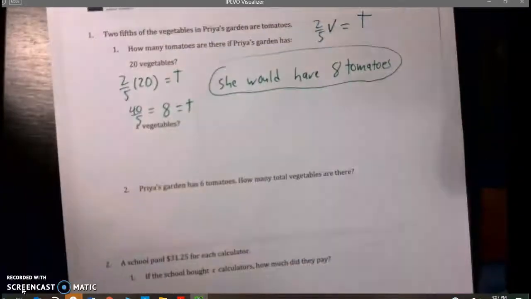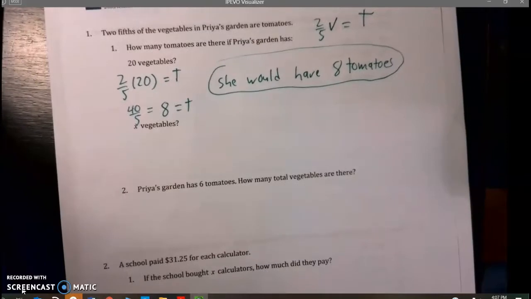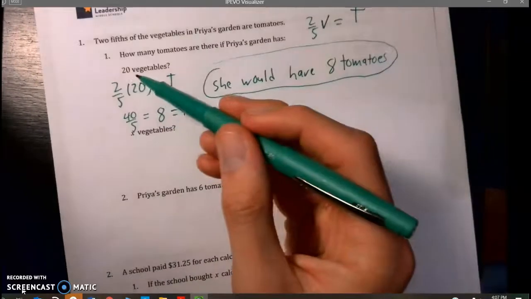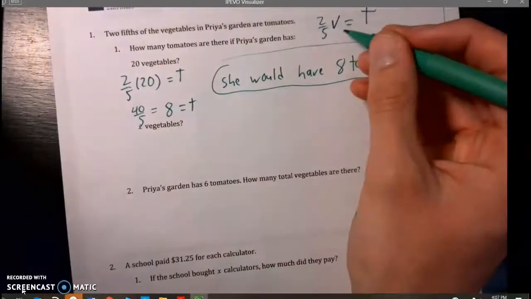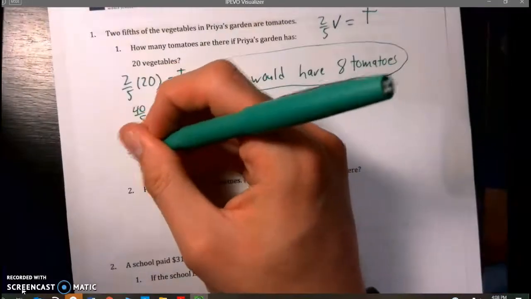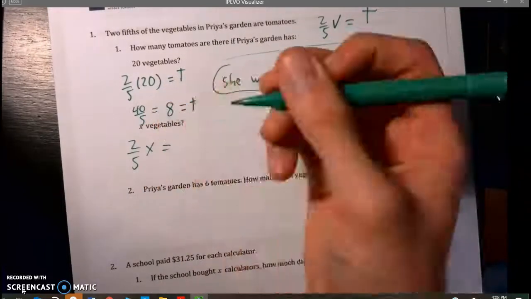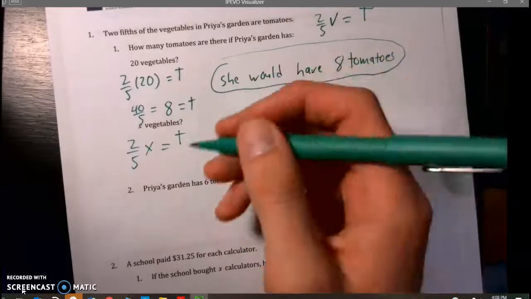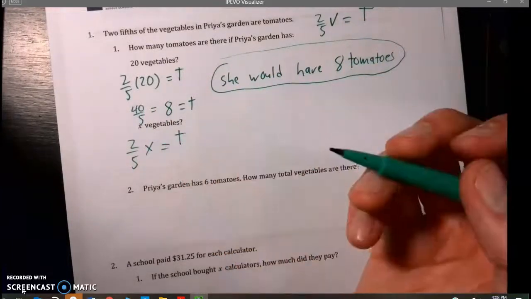And then down below it says, what if she had X vegetables? So anytime this problem they gave us a value for a variable. This one they didn't. They just gave us a variable. So we're actually just going to rewrite our equation. So 2/5 x equals t. We can't actually solve this because they didn't tell us how many vegetables.